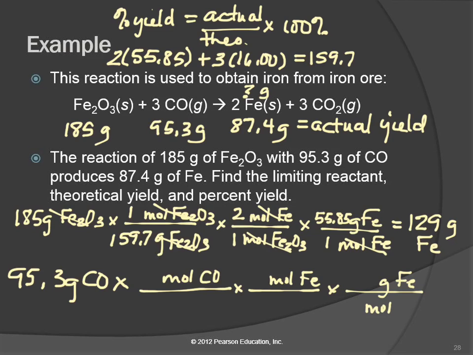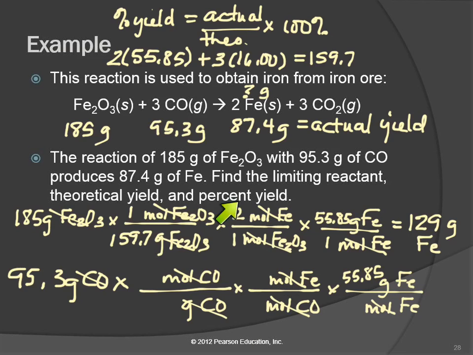And then we put units in the denominator to cancel out the things that we want to go away. We want everything but grams of iron to go away. The last term is exactly the same as the one above, 55.85 grams of iron.